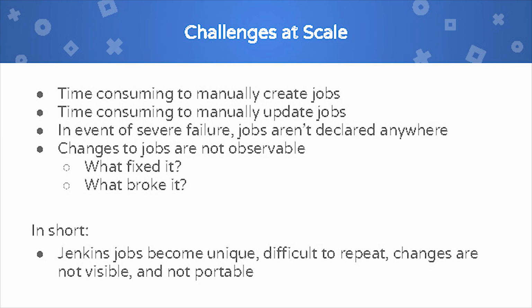I guess as an admin, you can have some fancy plugins to do so, but you won't know what you did to fix that one job that you may have to apply to the other jobs. What change that you just did broke 100 jobs, right? You have no real way of tracking that. In short, your Jenkins jobs has just become the most unique, difficult to repeat part of your infrastructure where your changes are not visible and ultimately they're not portable. This is not safe.